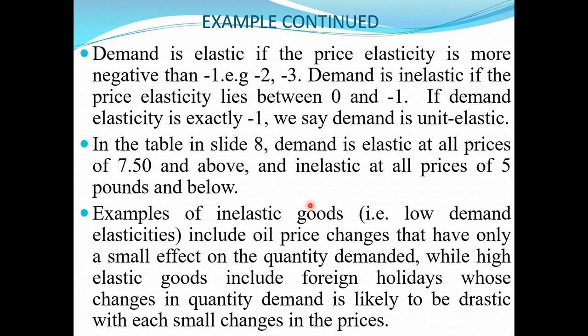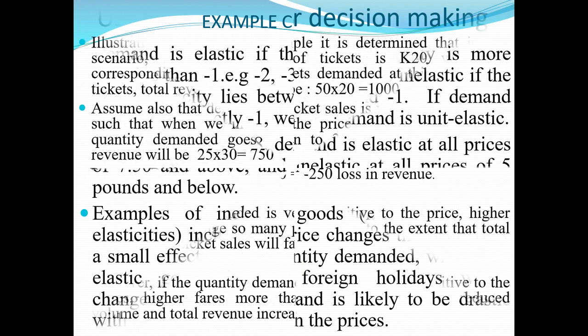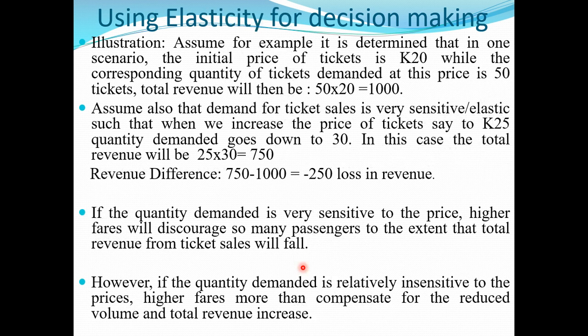As long as the decision has been concluded by ARB, it's 30 kwacha per liter. There's nothing you can do but buy at 30 kwacha per liter. So those are extreme cases, and that's an example of inelastic goods. Oil, for instance, and things to do with insulin. Actually, the insulin thing is the most common example.